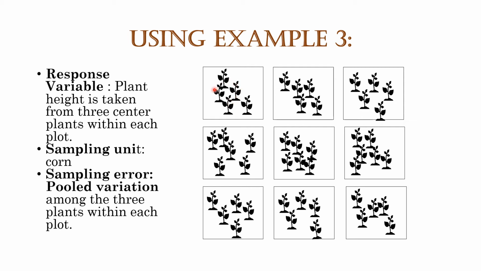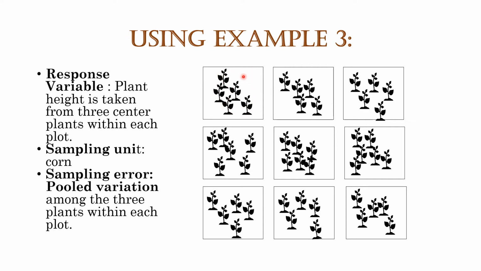For example, I have here 3, this is 4, and this is 5, the height, let's say in centimeters. The variation or the variance from each other, the pooled variation, is called the sampling error because they are in the same experimental unit.